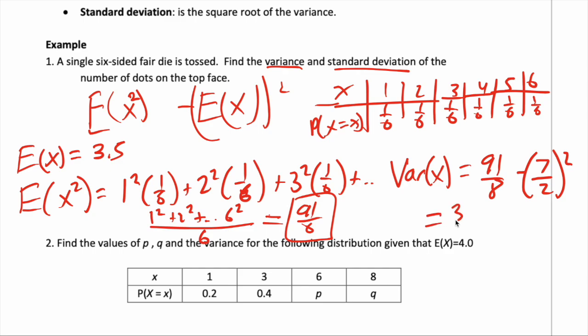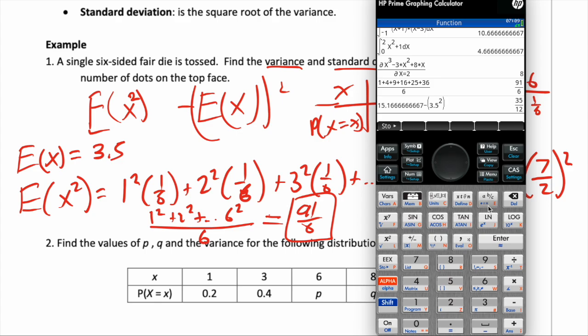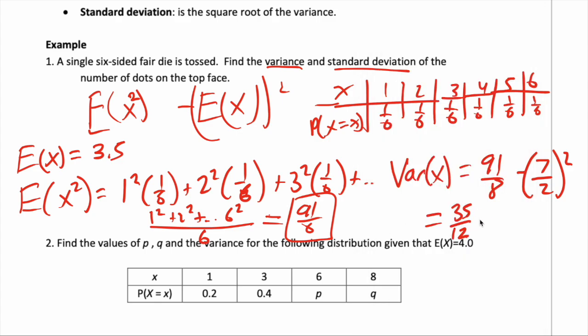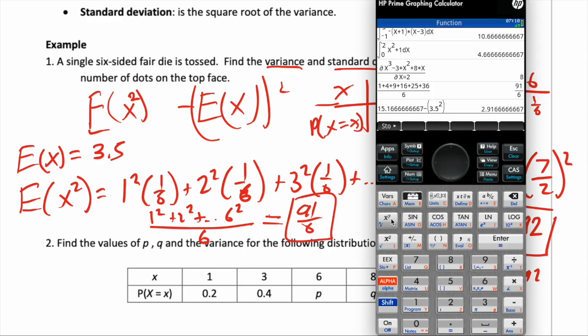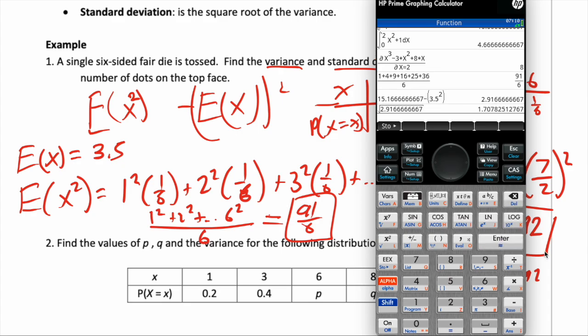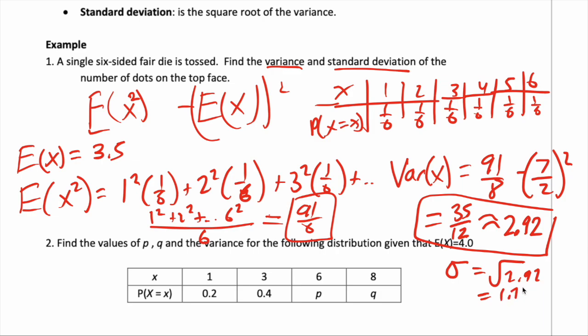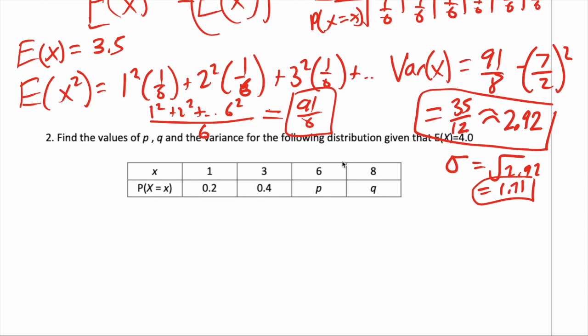Let's write both. 35 over 12 is exactly it, but as a decimal, 2.92. So the variance is 2.92. Of course, that means the standard deviation is the square root of 2.92. So let's just do square root of the answer from before. Oh, oops. So it's 1.71, the standard deviation.